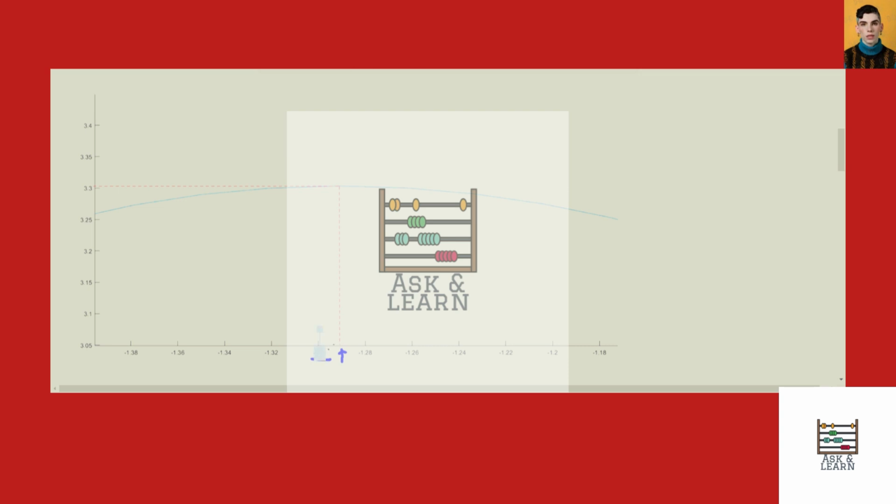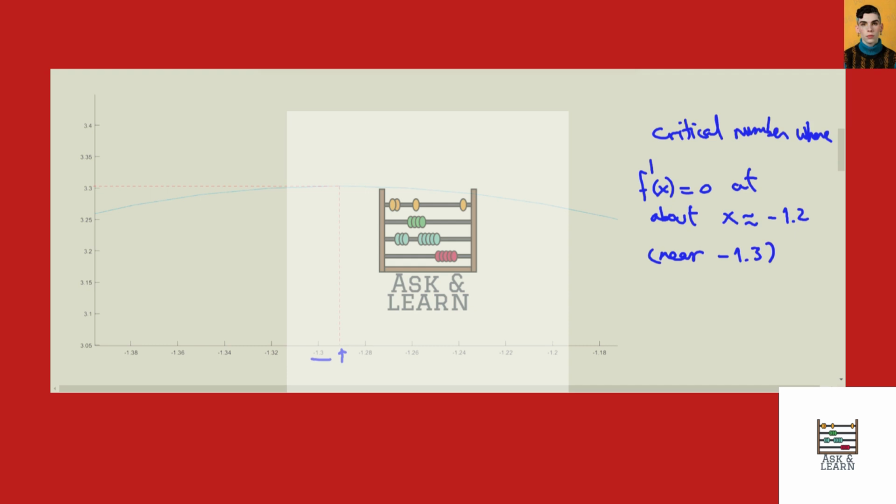So I would say that the derivative is 0 at about x negative 1.2, near negative 1.3, we can say.